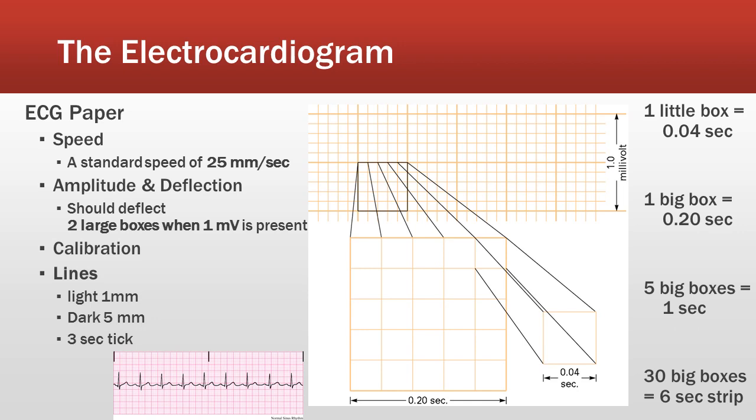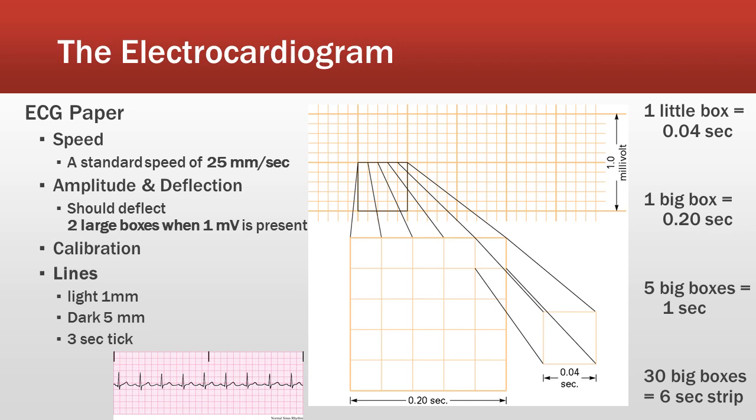EKG speed needs to be calibrated, and you need to use the manufacturer's recommendation to do so. The light lines that make up these boxes and squares are 1 millimeter, the dark lines are 5 millimeters. And at the top of each EKG paper, you will see 3-second tick marks.